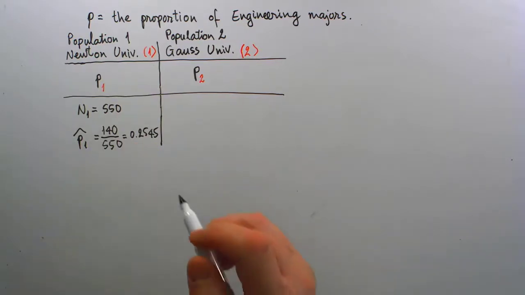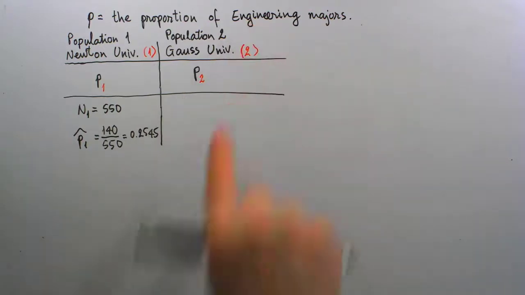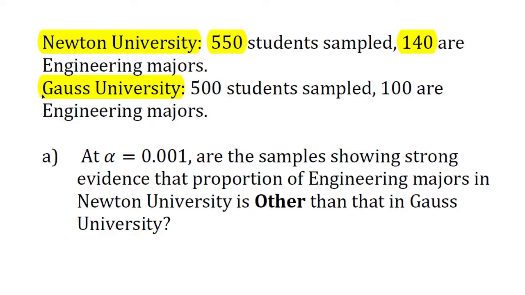And now let's look over to the information given regarding population 2. In the description on the screen, from Gauss University, we sampled 500 students. So 500 students is the sample size, n2. And within this sample, 100 students are engineering majors.